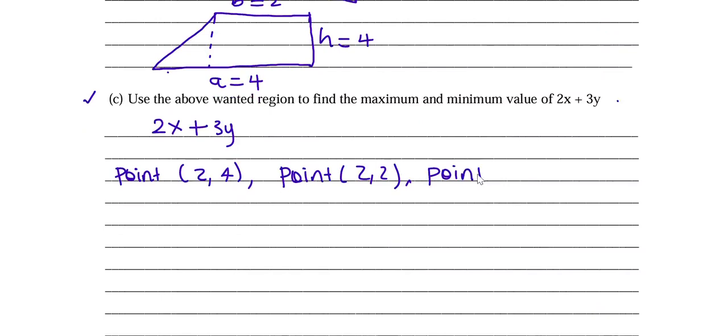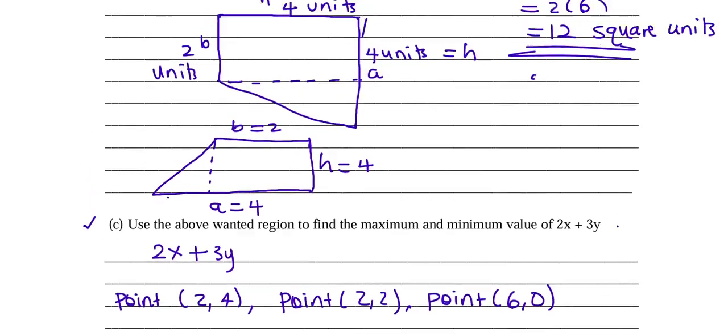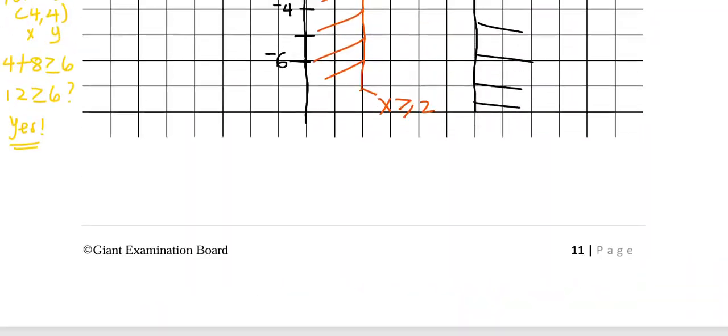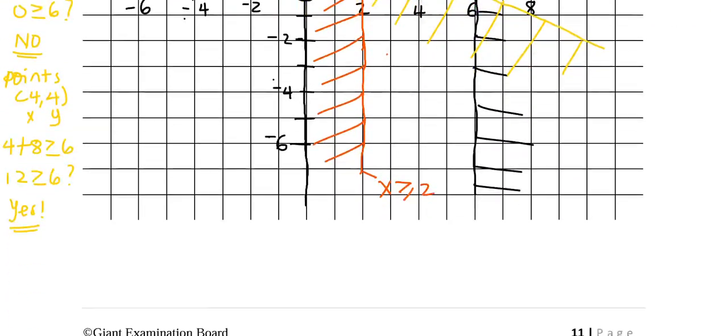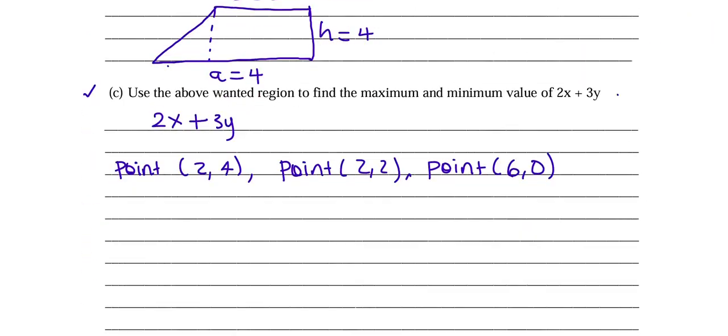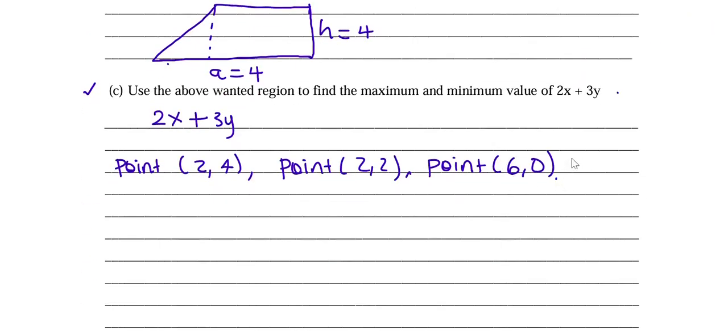You can mark them A, B, and C. You can name the corners and then you name the points with the same, no problem. So that is the third point, 6 and 0. And then the last point is here, which corresponds to 6 and 4. 6 is x, y is 4. That is our last point, 6 and 4.